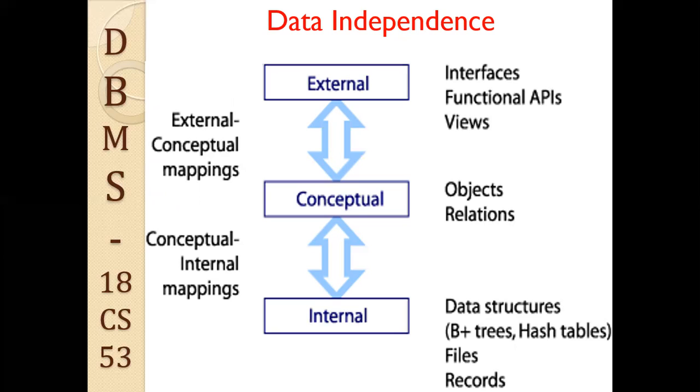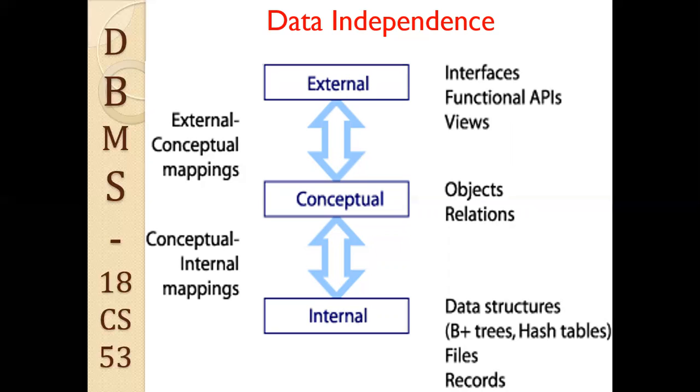Before seeing what changes we can make, let us see which methods we use at each level. At the internal level, as we are concentrating on storage, we can specify the different data structures used for storage, whether arrays, stacks or queues.